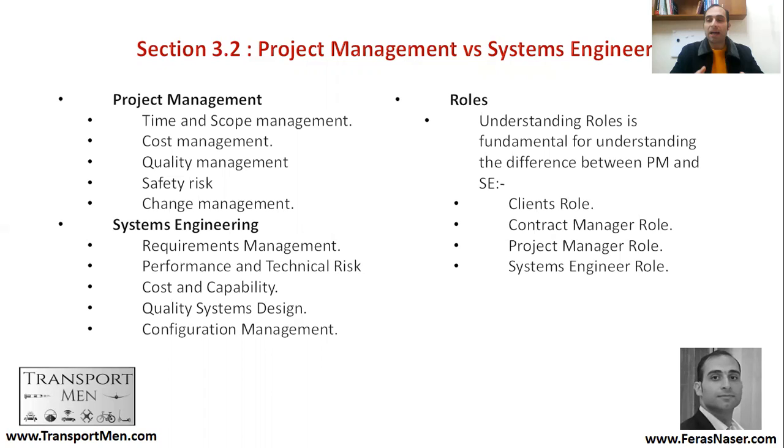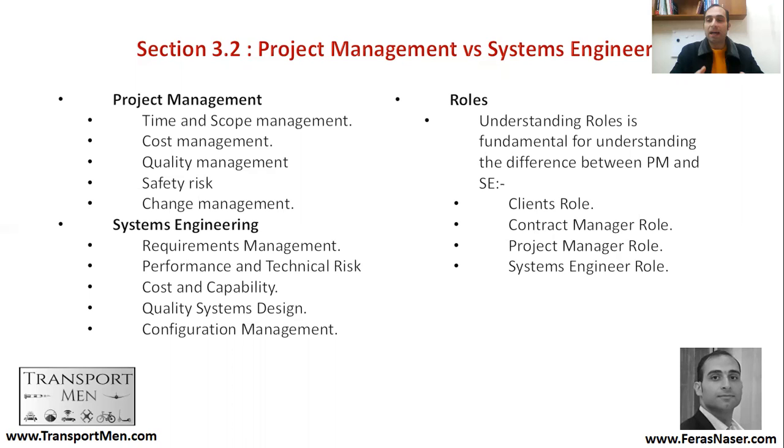So this is just an example of what a project manager will be focusing on and what a systems engineer will be focusing on. And it's good to understand the roles. You have a client role, for example, as the systems engineer or the project manager might play a client role trying to push the requirements to the greatest level of quality, to get the best thing that can be done.